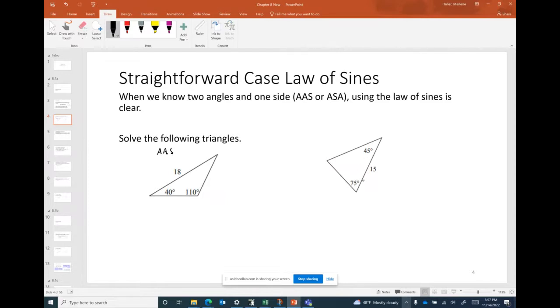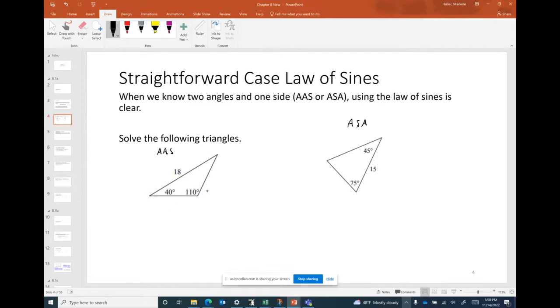This example over here has angle side angle, so we might call that an ASA triangle. It says straightforward case because when we have angle side or angle side angle, the law of sines is not tricky at all. However, if we don't have two angles and one known side, it can be a little challenging. Let's look at the straightforward case first, though.